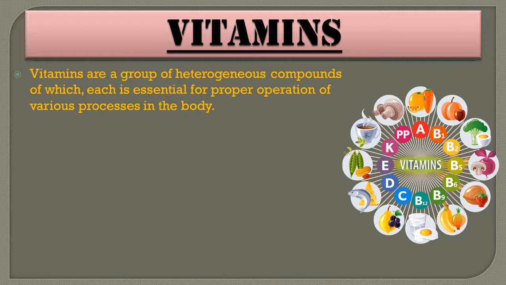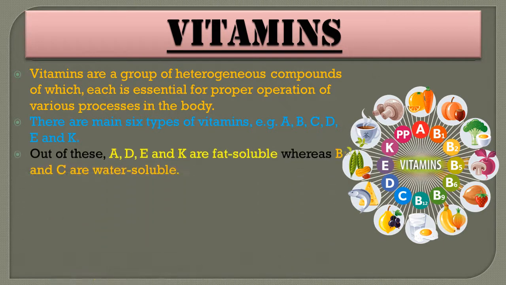Heterogeneous compound means they are made up of different kinds of constituents. There are 6 main types of vitamins: A, B, C, D, E, and K. Out of these, vitamins A, D, E, and K are fat soluble, meaning they easily dissolve in fat, whereas vitamins B and C are water soluble, meaning they dissolve in water.